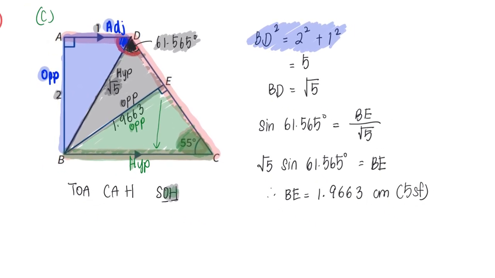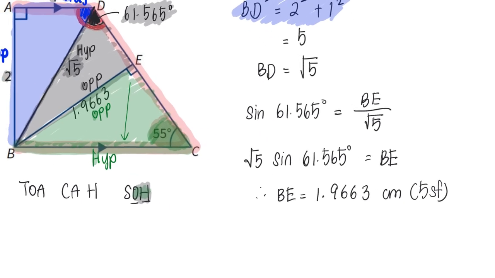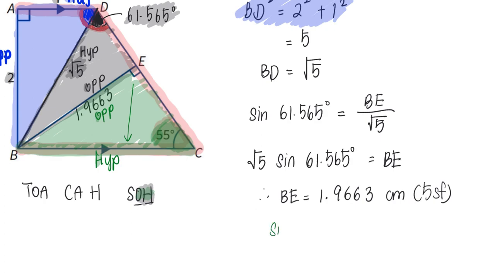So sine of 55 degrees is equal to opposite, 1.9663, divided by my hypotenuse BC.